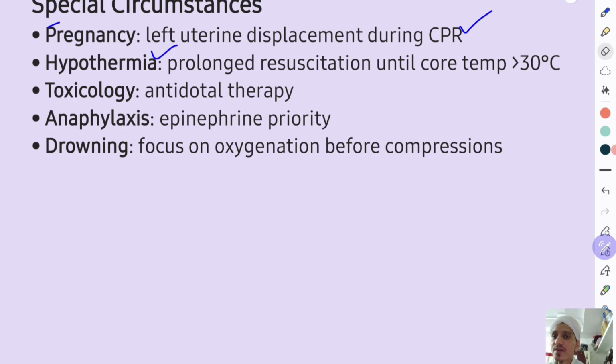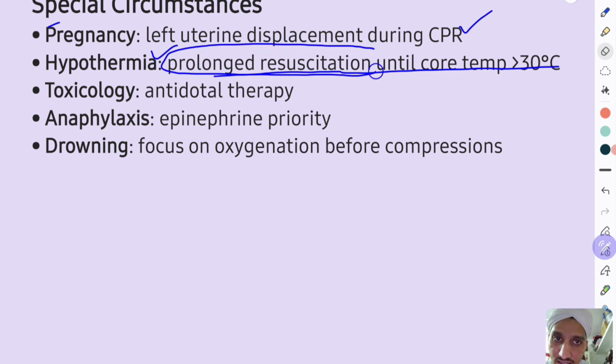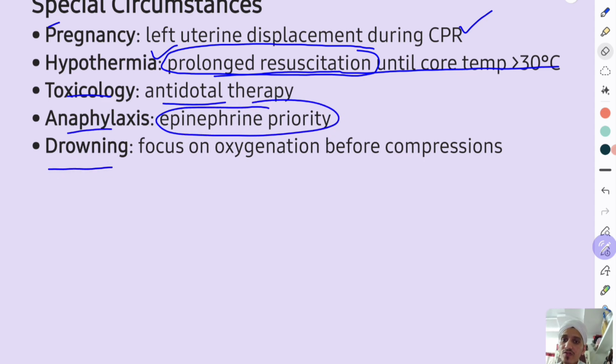In cardiac arrest due to hypothermia, prolonged resuscitation can be required until the patient has core body temperature of more than 30 degrees centigrade. Toxicology, you need to do antidotal therapy. Anaphylaxis, epinephrine is the priority. Drowning patients, focus on oxygenation before compressions. This is important.